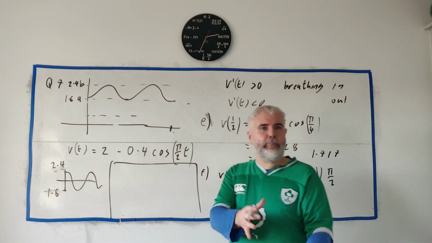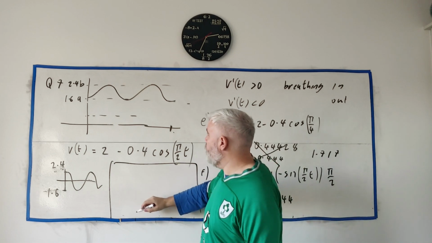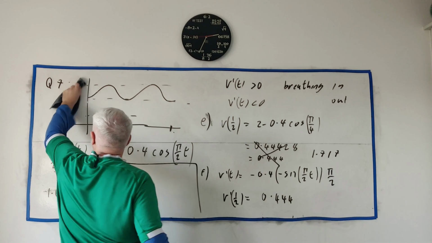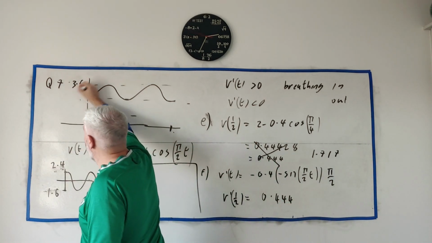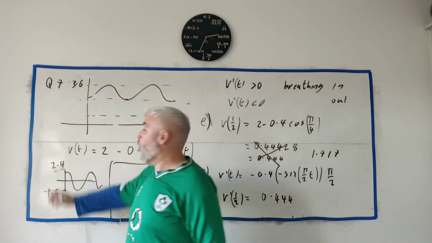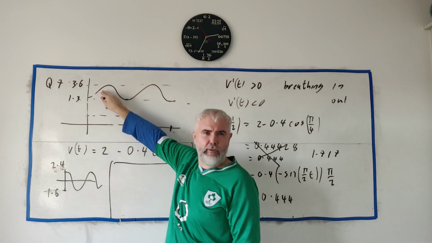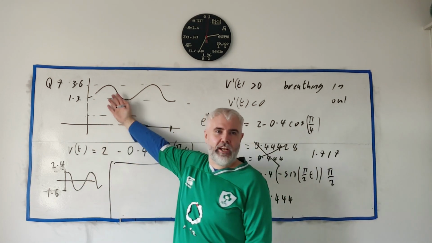They paint us a picture with words. They describe this again in a new way. Let me just clean this off. They describe a world where the maximum is 3.6 and the minimum is 1.3. We don't even have to change the shape of this, although we do have to change a bit of it.